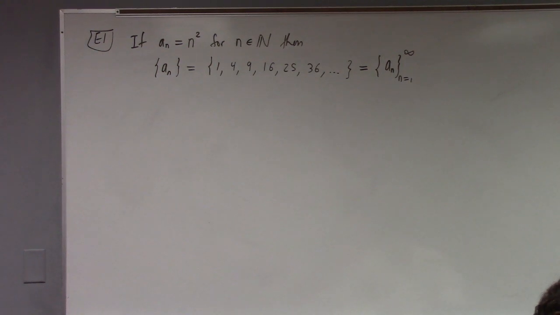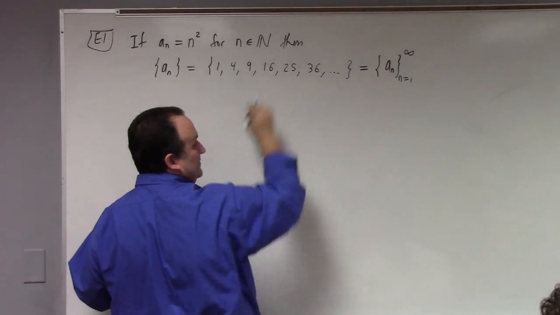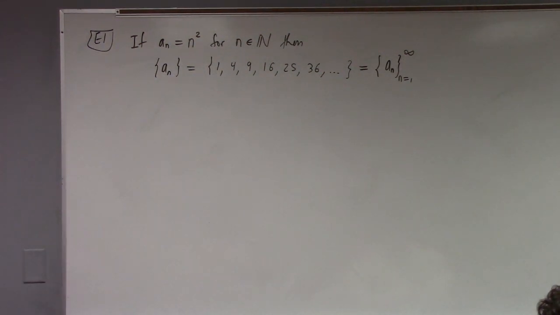Now, to be a little more precise about the data type we're working with, it's not just a set of values, right? If I take these two and switch them, that's not the same sequence. It's an ordered list. The order matters, all right? So not just a set, it's an ordered list.